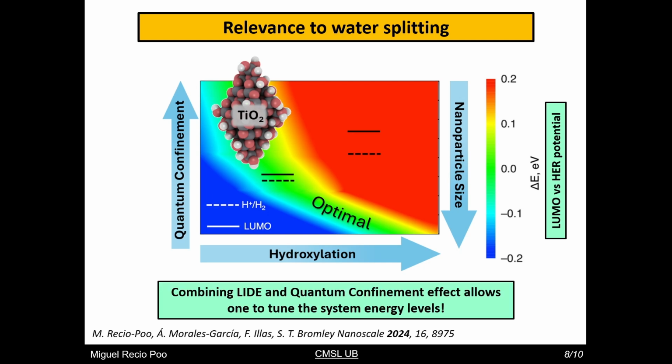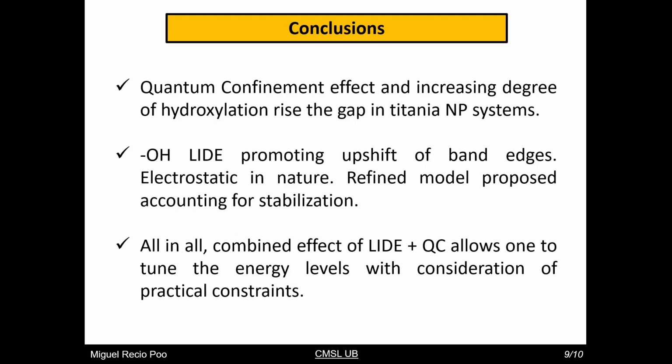So combining the ligand-induced dipole effect and quantum confinement allows one to tune the system's energy levels, in this case for generating hydrogen. Those are the conclusions. What have we learned today? First of all, that the quantum confinement effect and increasing the degree of hydroxylation raise the gap in all Titania systems. Also, we have proposed this refined model taking into account the stabilization, which models the ligand-induced dipole effect that promotes the upshift on band edges.